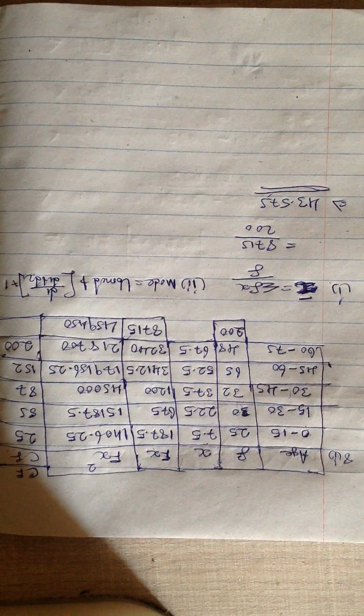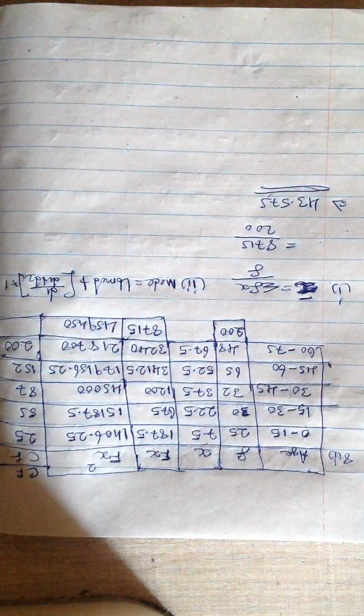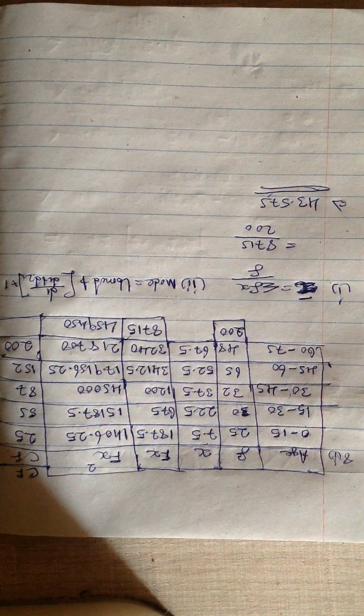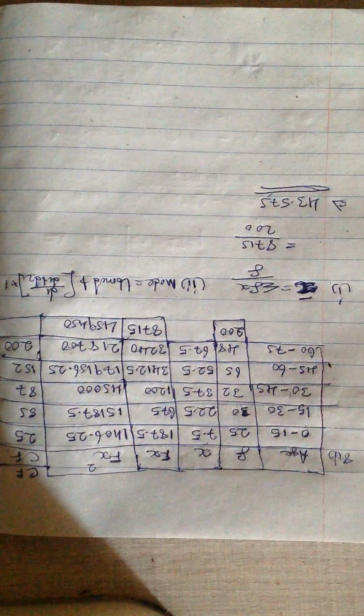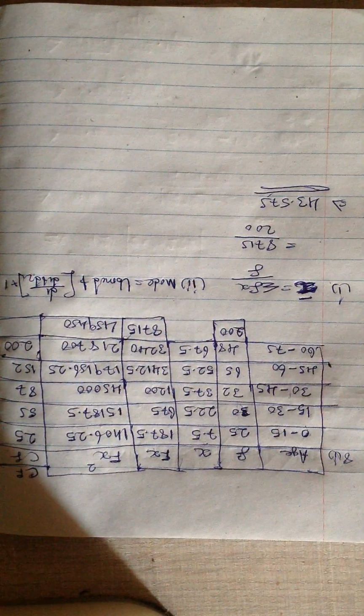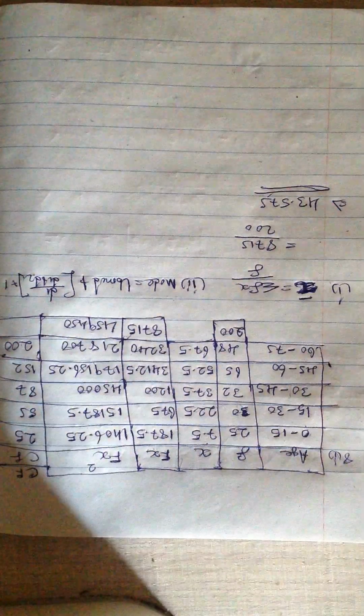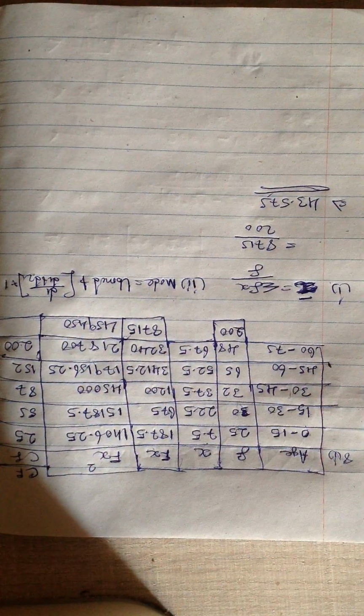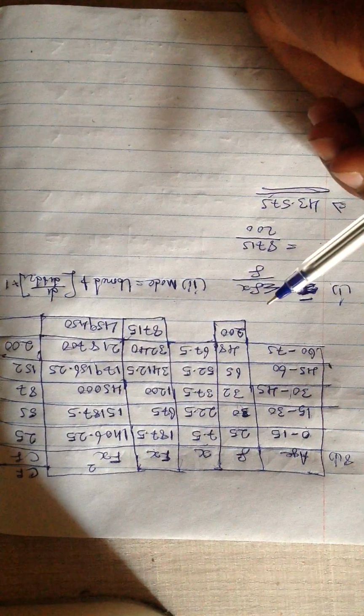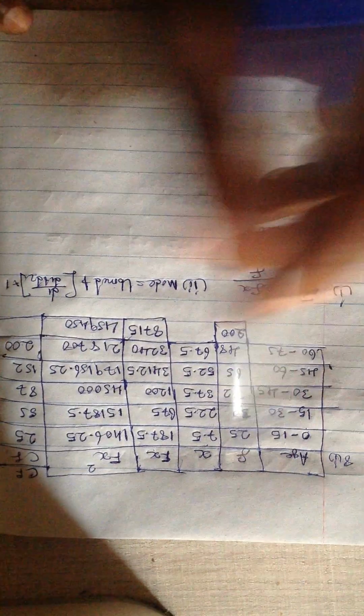Our first step is to consider where the mode lies according to the formula that we've written. So where does the mode lie or fall in? To find where the mode falls, you have to look at the data here.